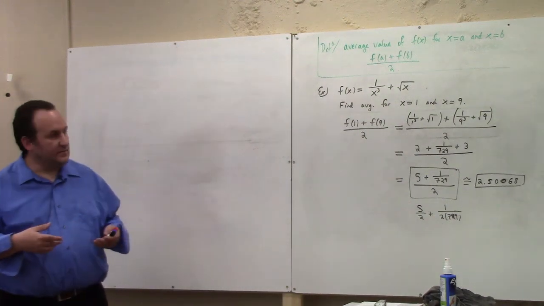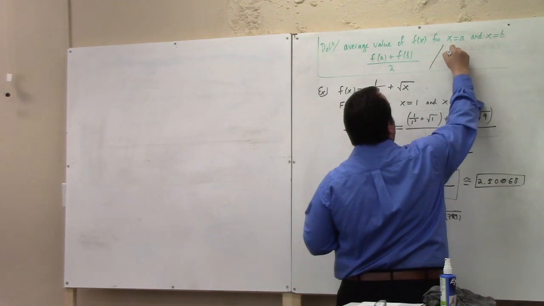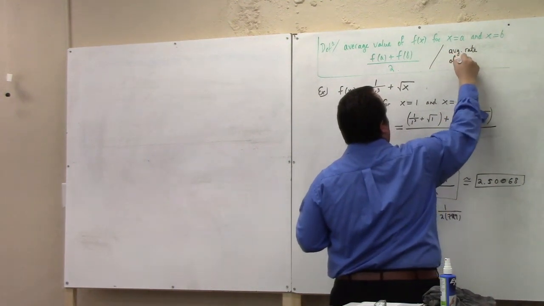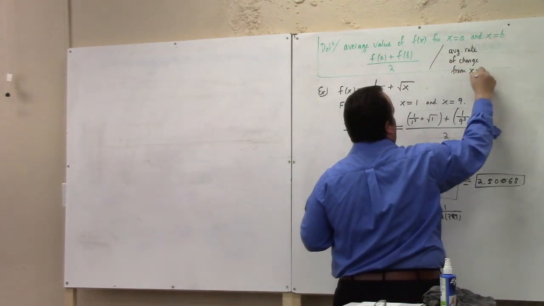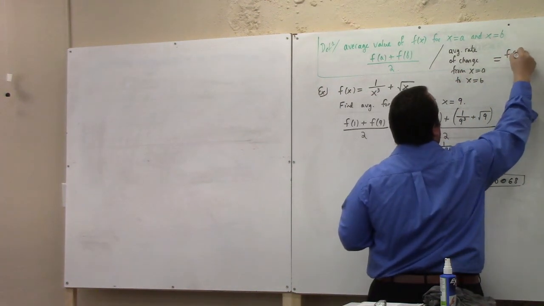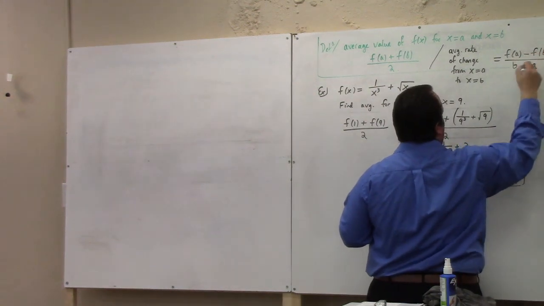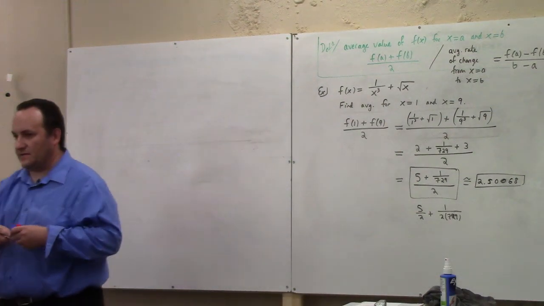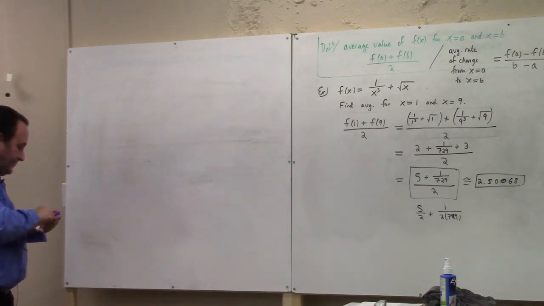Average rate of change, in contrast, would be this would just be f of a minus f of b over b minus a. So see, that's a little different, the average rate of change versus the average value. Anyway, later.